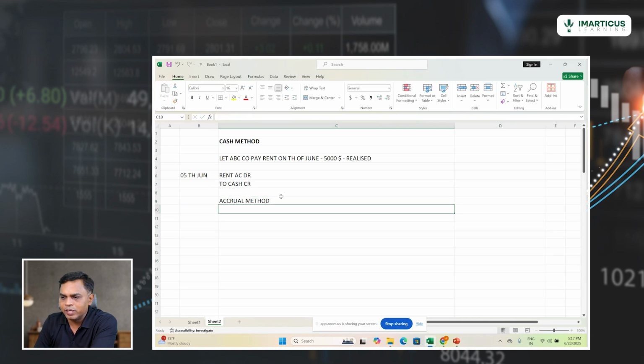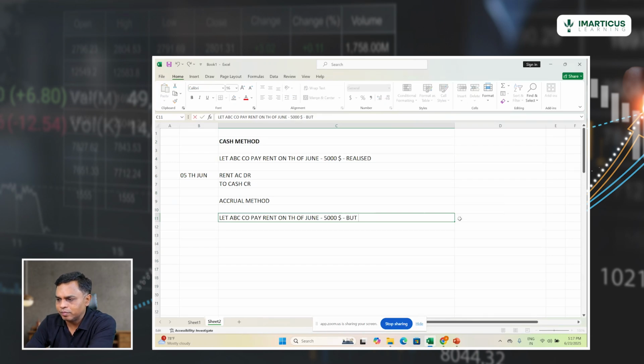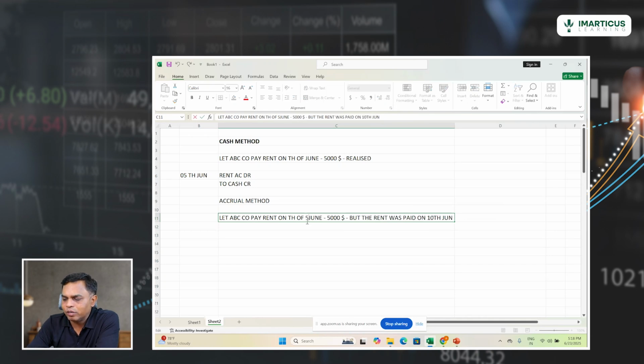Now, let's continue the same example. Let's say ABC company is supposed to pay rent on the 5th of June, but the rent was paid on the 10th of June. So here, the rent is supposed to be paid on the 5th of June; however, the company actually paid the rent on the 10th of June.